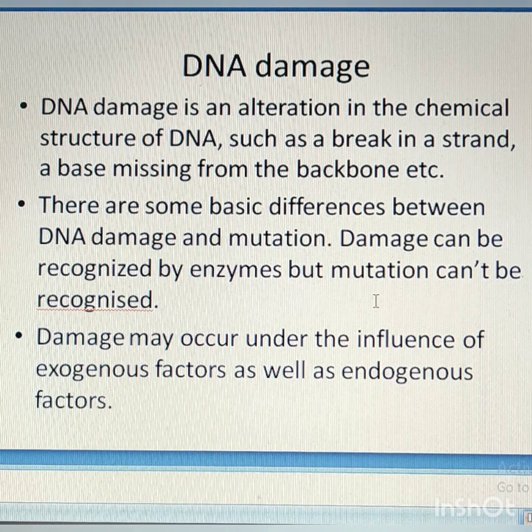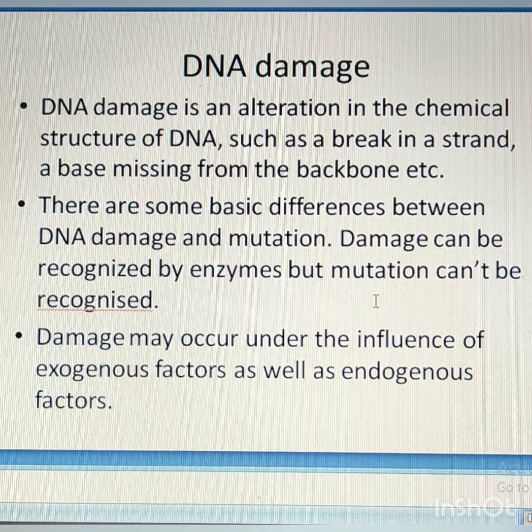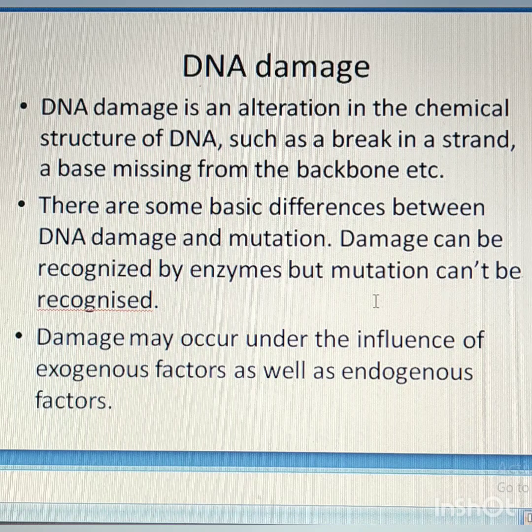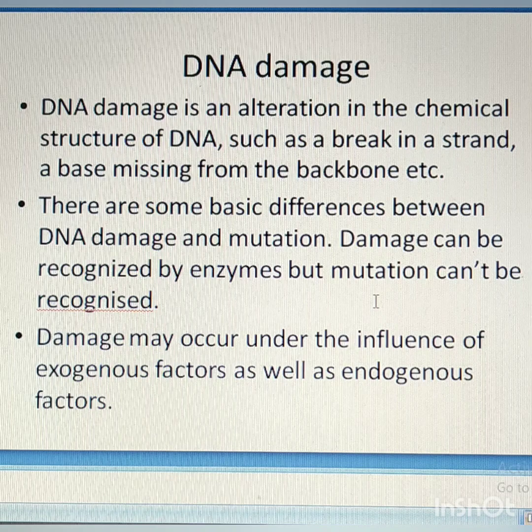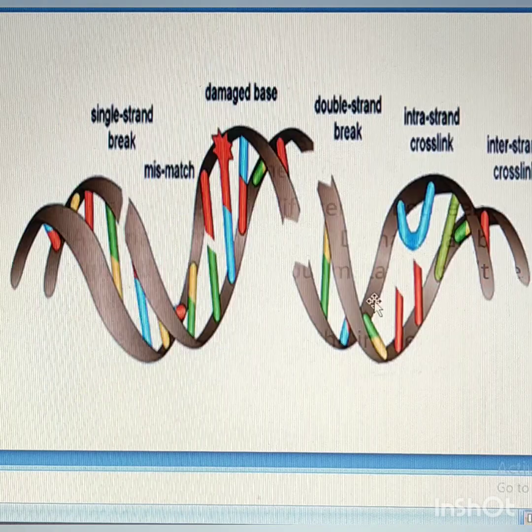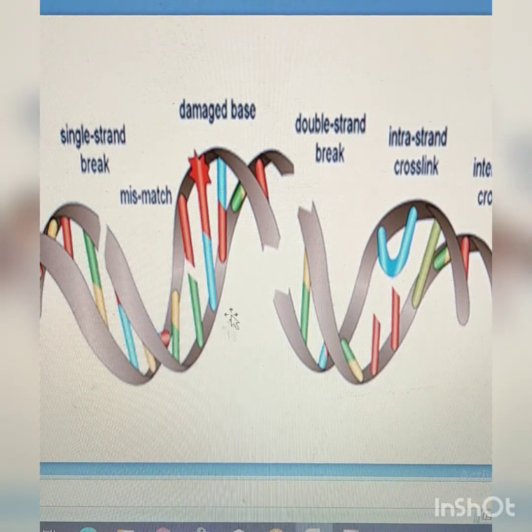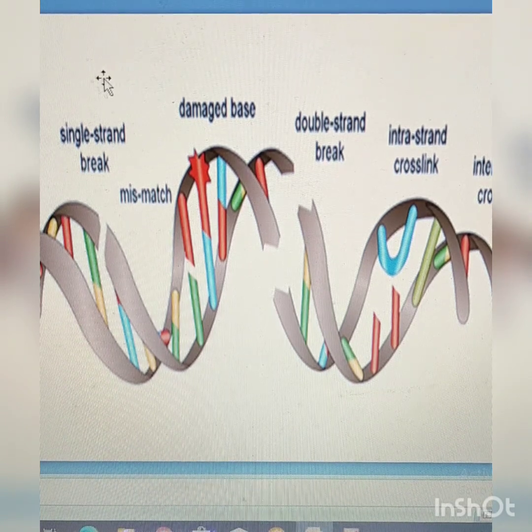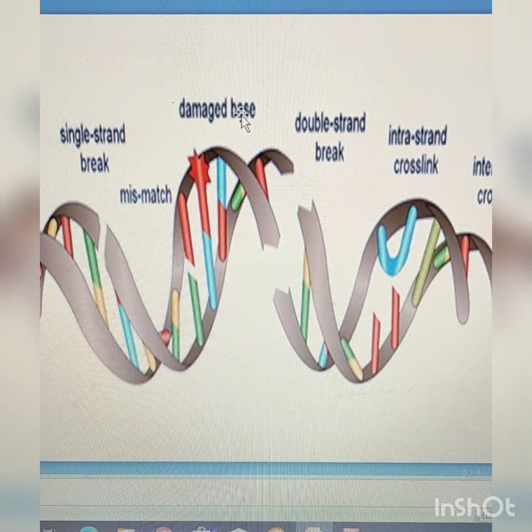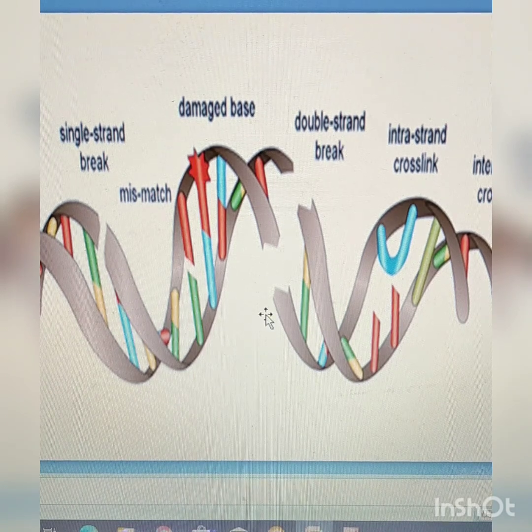The exogenous factors are from environmental origin, so that is external to the cell, but endogenous factors are potentially aggressive agents produced by normal cell metabolism. So there are different types of DNA damage: single strand break, mismatch, damaged base, double strand break, intra-strand crosslink and inter-strand crosslink.